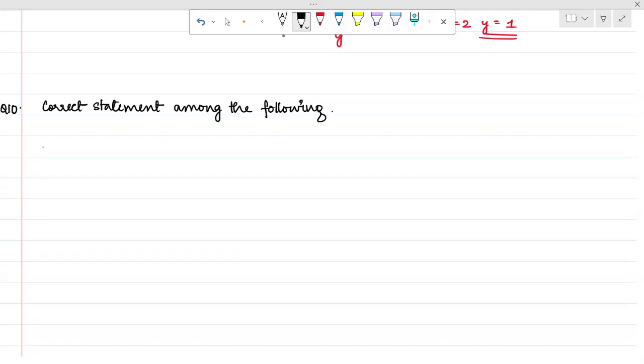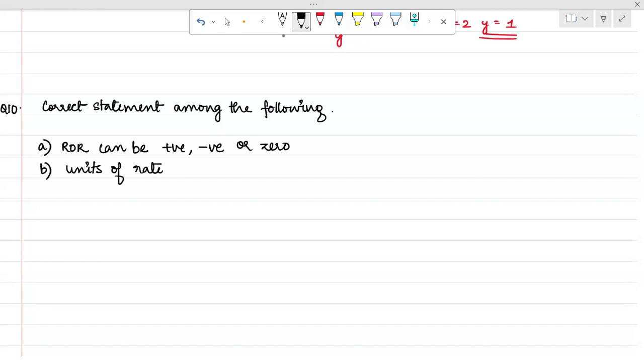All right, option A. Rate of the reaction can be positive, negative, or zero. Option B. Units of rate of reaction depends on order of the reaction.